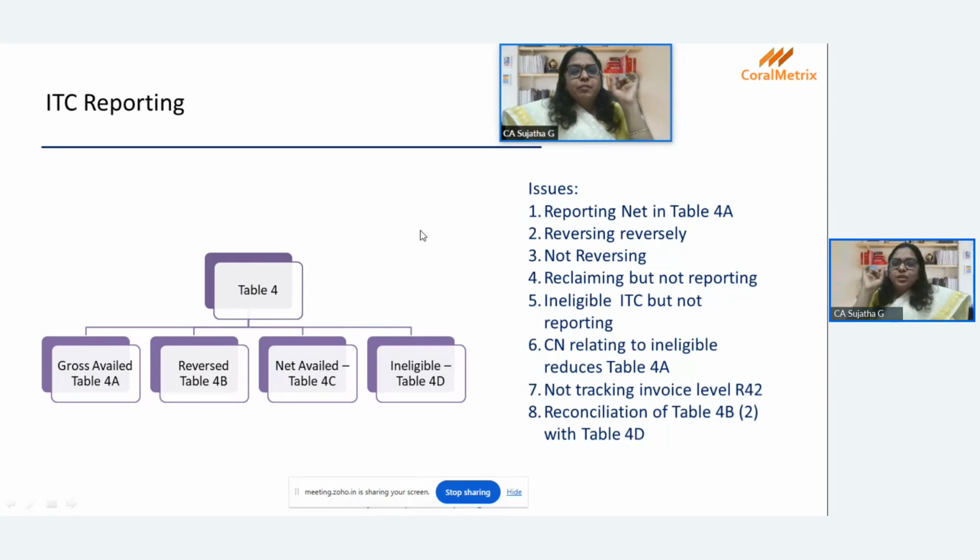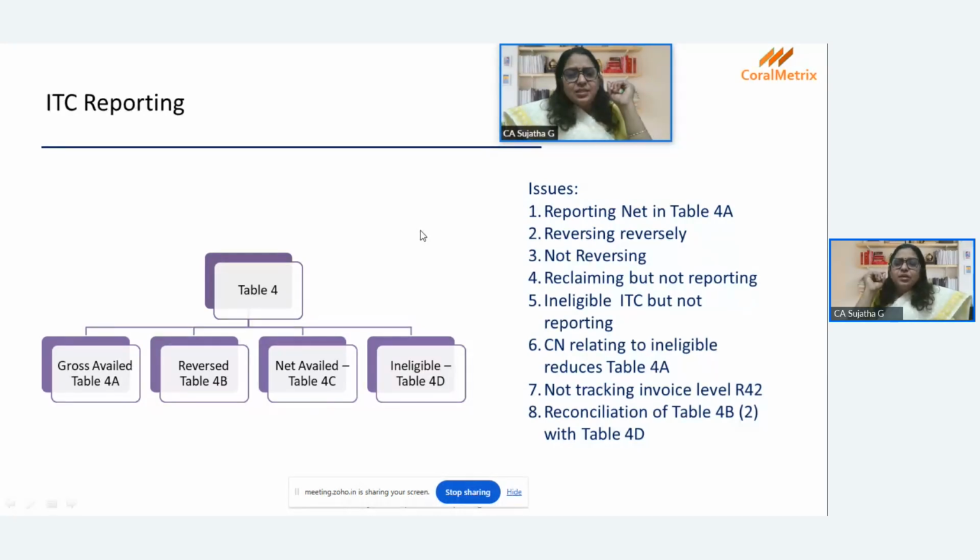My management has given instruction not to pass too many entries in the books of accounts while bookkeeping. So I do not want to pass this many ledgers. So what they do, they fail to capture wherever there is an exempted ITC or blocked ITC or ineligible ITC. So they will end up in problem.